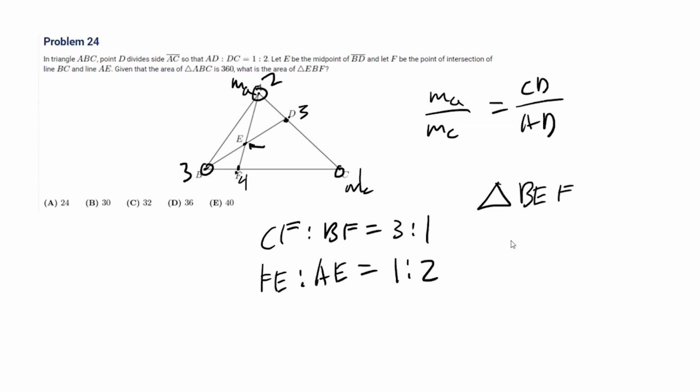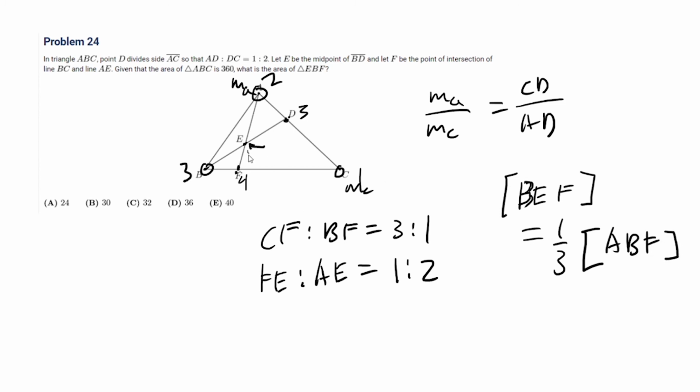So the area of triangle BEF, which I'll denote with brackets, is equal to 1/3 the area of triangle ABF, since the height is the same for this entire triangle and this smaller triangle, and the only difference is the length of the bases.